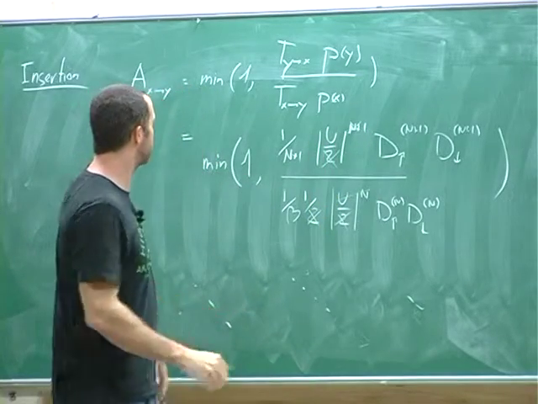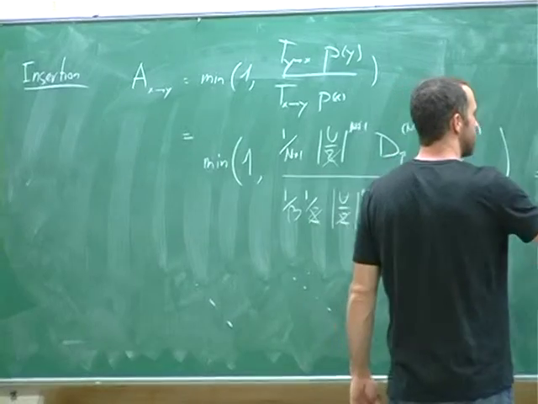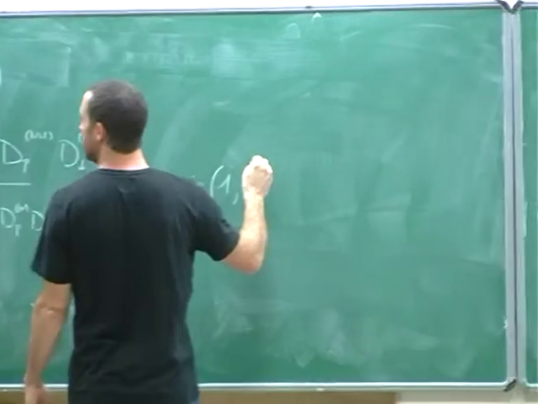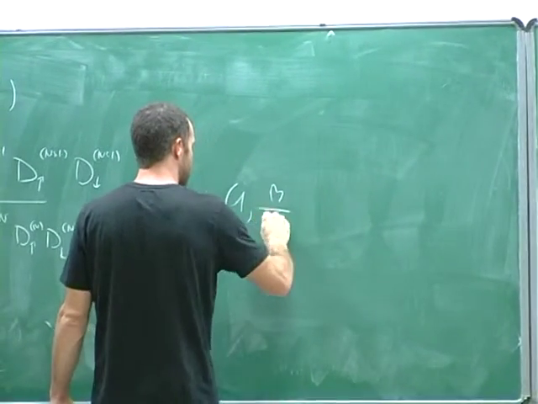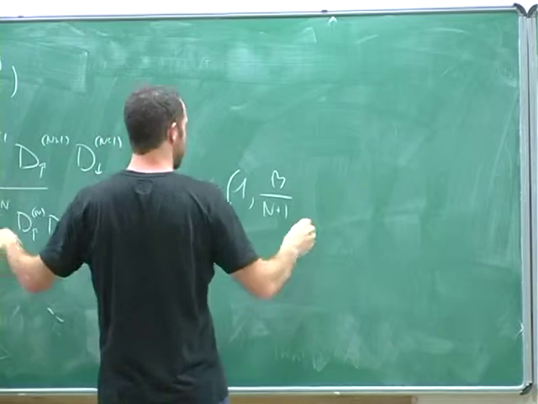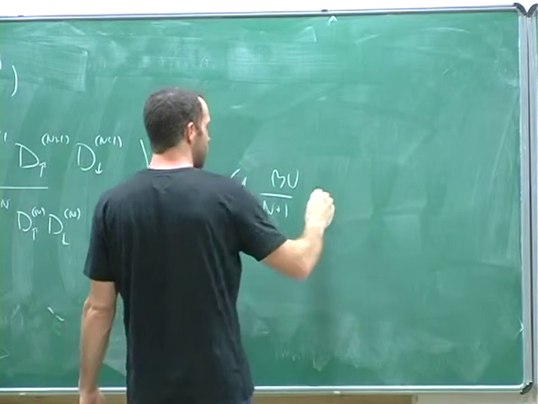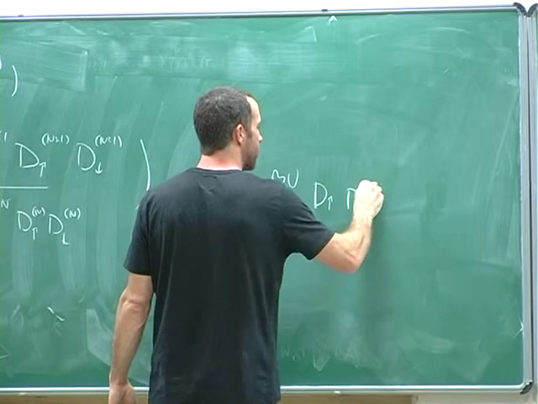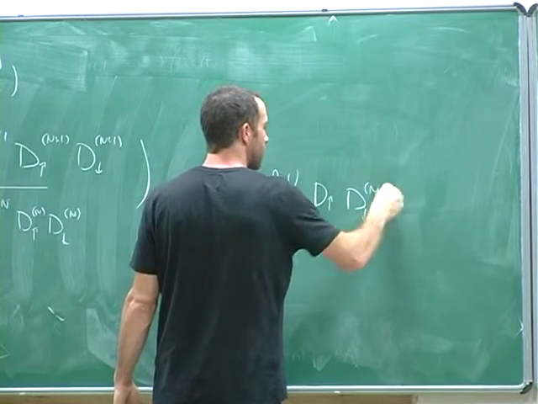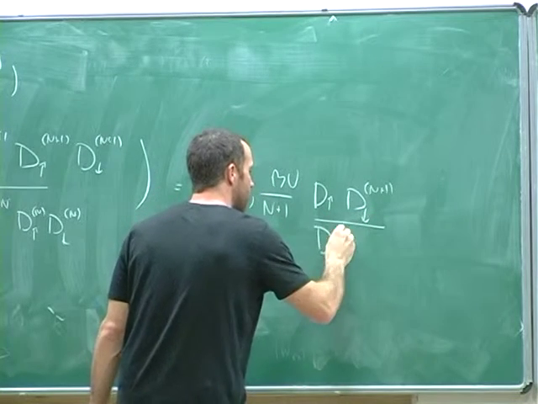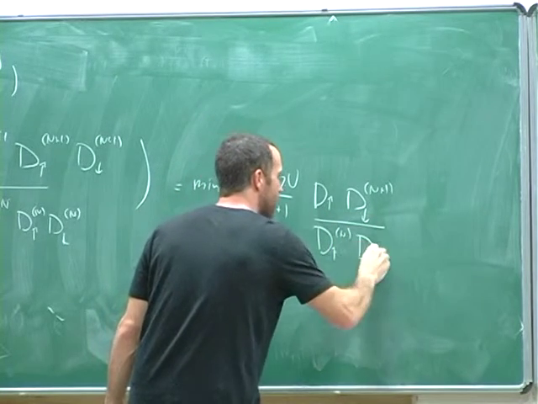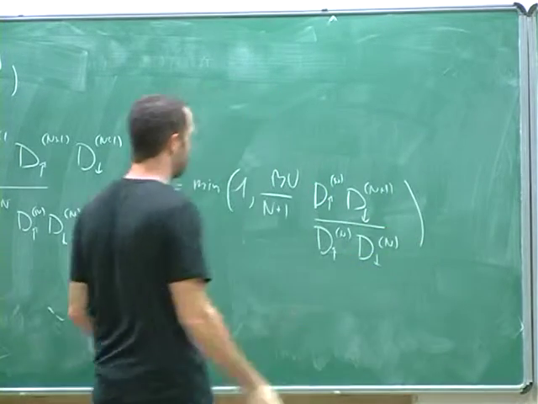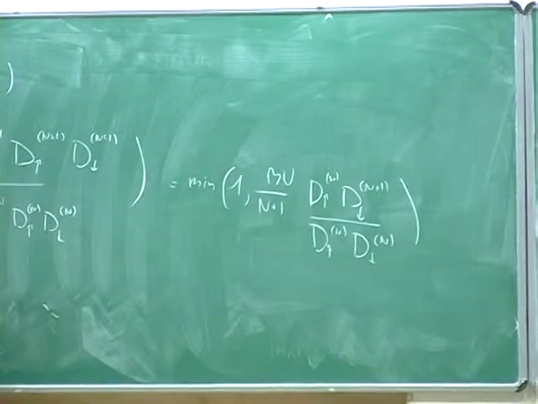So I can write this as the minimum of 1 and beta over n plus 1, times u, times the ratio of my determinants: these at order n plus 1, over these at order n.